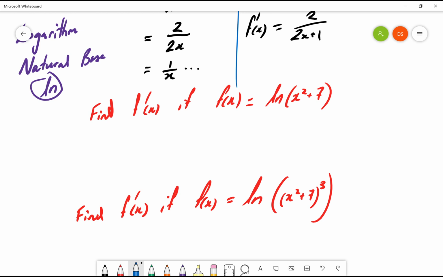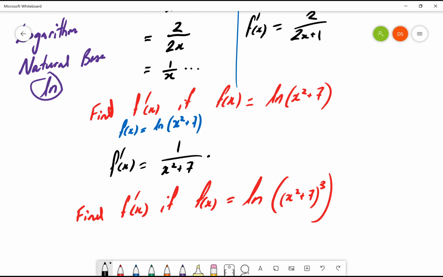Okay, I'm going to start with this one. F of x equal to ln of x squared plus 7, and so the derivative is 1 over the inside, and I multiply by the derivative of the inside, which is 2x.